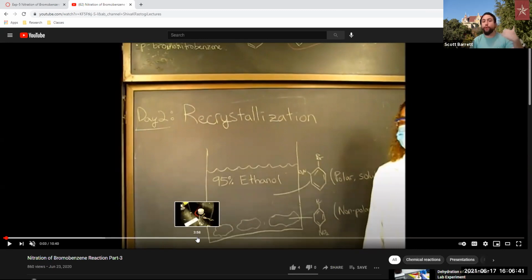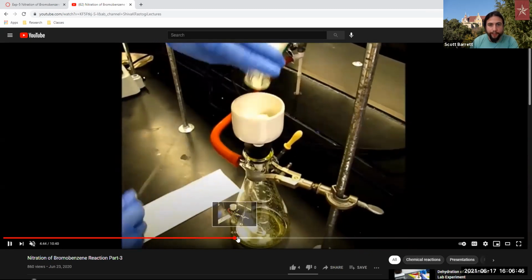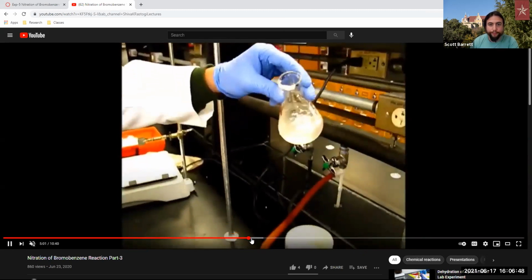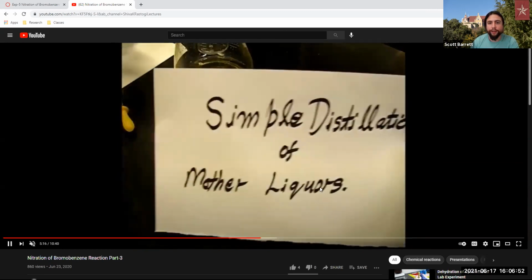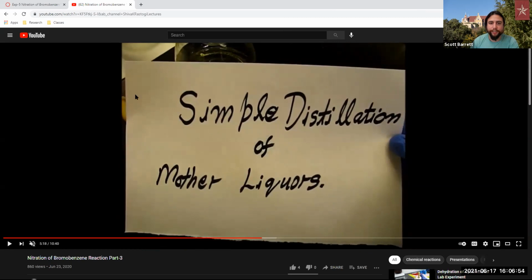The ortho is polar. So those two will be separated easily here. So now we've washed it through. We're going to get the rest of it out. We're going to add in ice cold ethanol. And then the simple distillation of mother liquors is to allow you to distill over your ortho in that case.